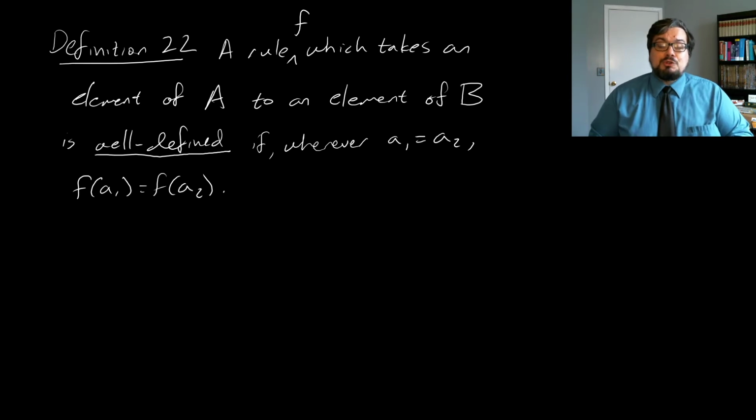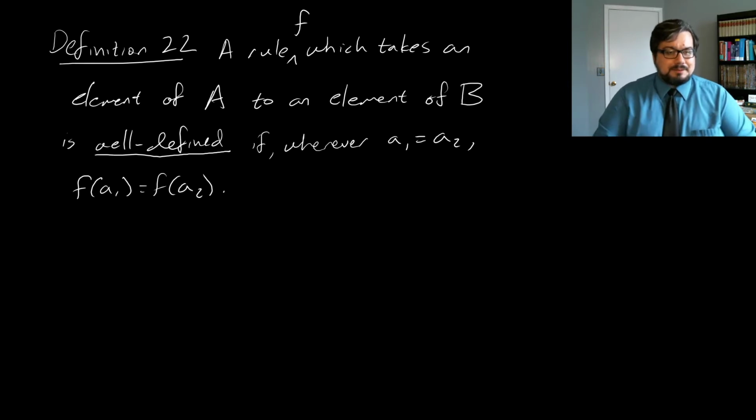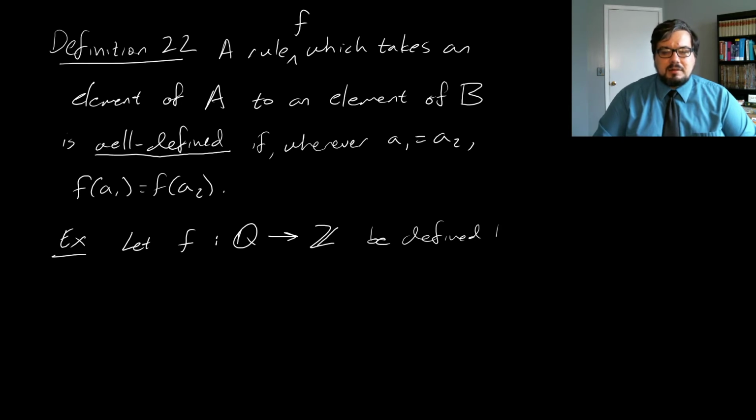In order for some rule to be a function, it has to be well defined. But we can come up with rules that go from an element of A to an element of B that aren't well defined. So for an example, or really a non-example of this, let F be a rule that goes from the set of rational numbers to the set of integers, defined in the following way: F of p over q is equal to p plus q.